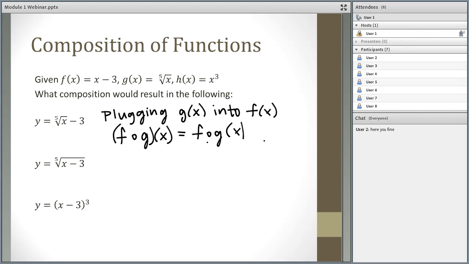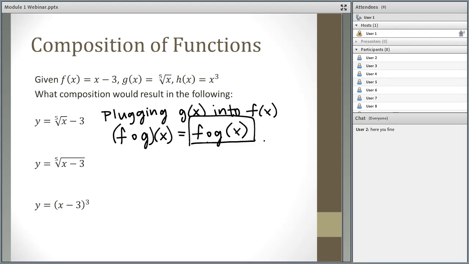You might see it just written like this. So if I plug g of x, which is the fifth root of x, into f of x, so I'm replacing x by the fifth root of x, I would have the fifth root of x, minus 3.